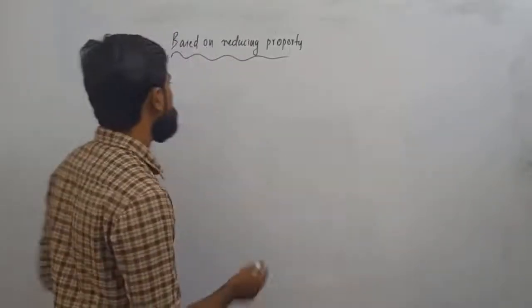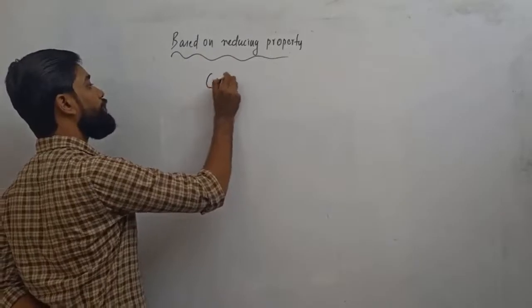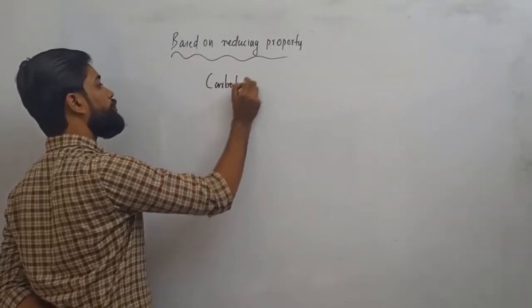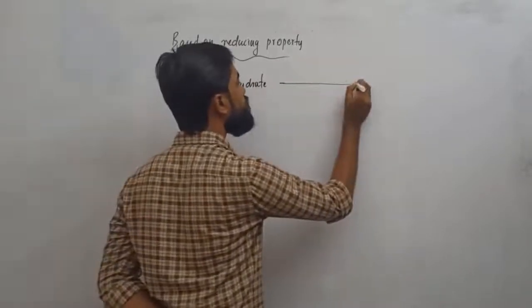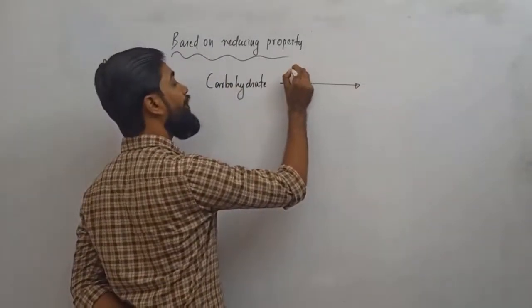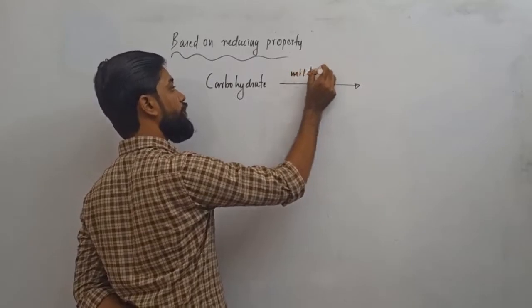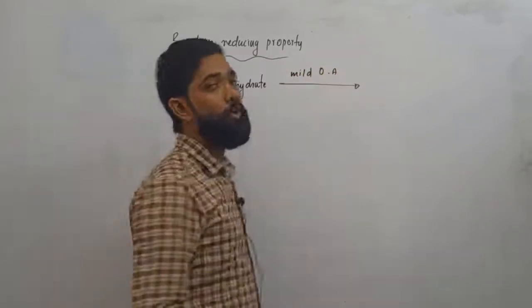Listen here. If you have a carbohydrate that is able to reduce a mild oxidizing agent, which means the mild oxidizing agent can oxidize the carbohydrate, in the alternate sense your carbohydrate can reduce the mild oxidizing agent.